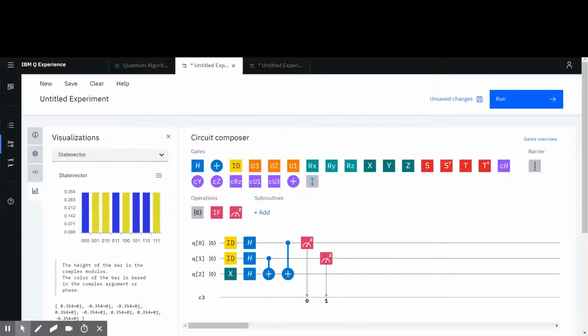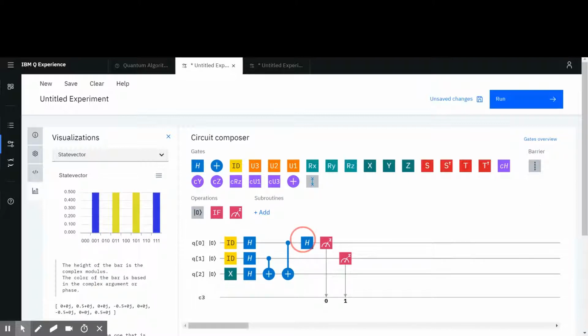And so as I add Hadamards now to go back to where we were, there's some canceling out happening here. If I do that, we're going to lose all of those where we had a 0. I still don't know exactly why this is being cancelled out.